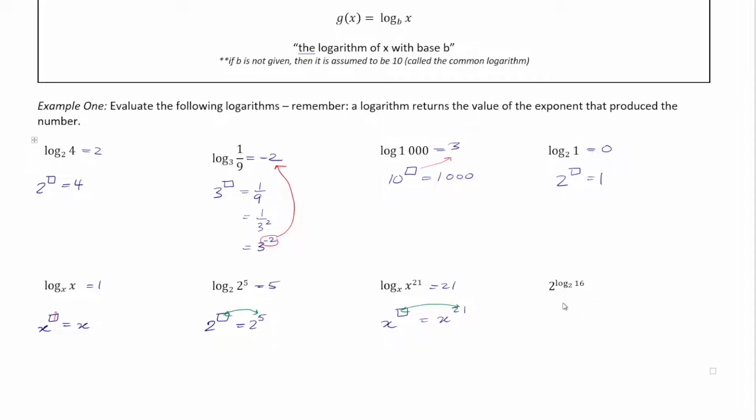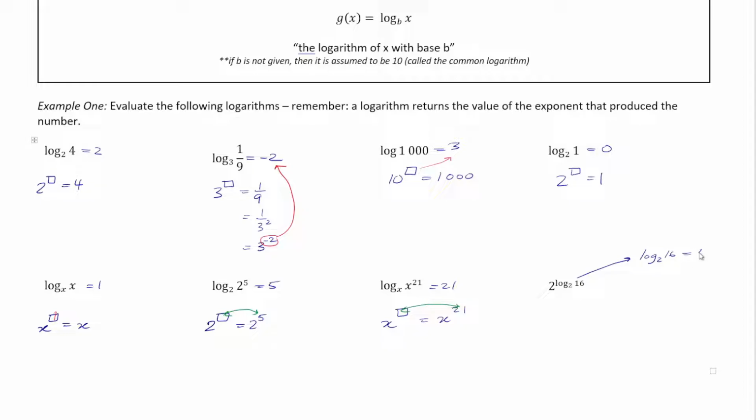The next one is an interesting one because we have the exponent as a logarithm. So let's just take a look at this logarithm right here and see what this comes to. Log 16 base 2. So I have to think about that. What is the exponent on 2 that would produce 16? I'm not going to draw this out anymore, I'm just going to think in my head. What exponent on 2 produces 16?